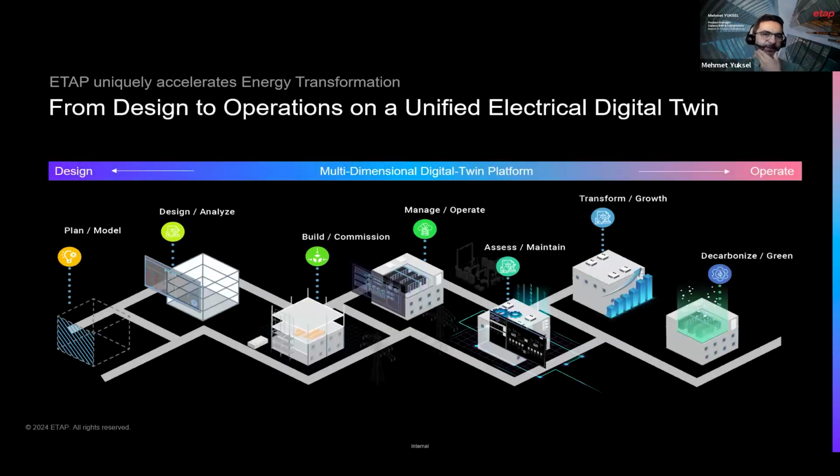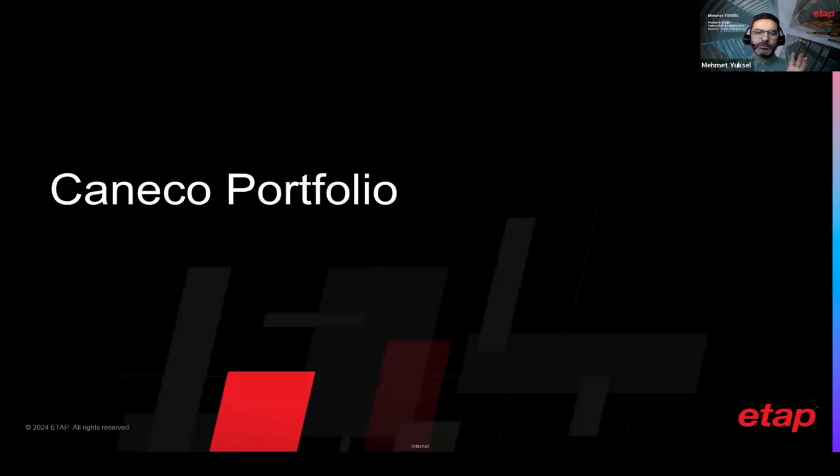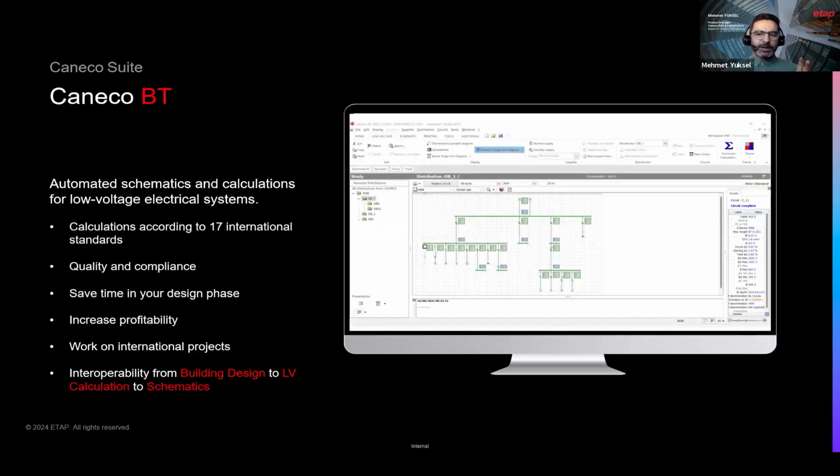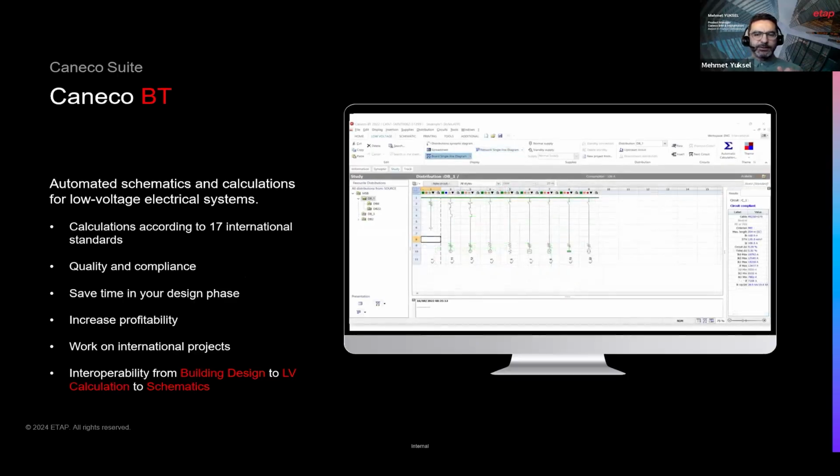And for the different software, we are doing, of course, the plan, the design, the construction of the building. And if we go with the ETAP solution, ETAP design, we will address managing, operating, and all of that part of a construction. But now, just a couple of words about the Caneco product line.